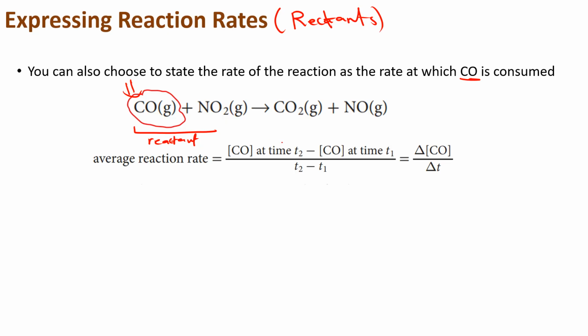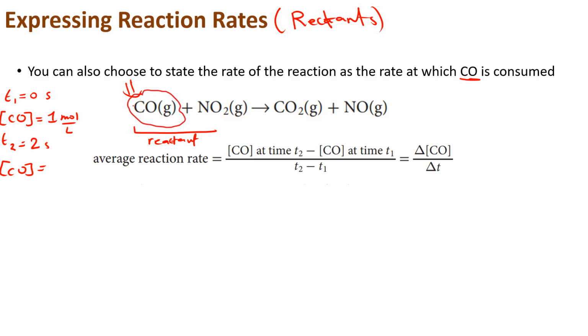Okay? So guys, what happens to CO? CO is a reactant, so what must happen to it over time? Imagine at time 1, which is 0 seconds, the concentration of CO is equal, for example, to 1 mole over liter. At time 2, which is 2 seconds, the concentration of CO, should the new concentration be greater than 1 or less than 1? CO is a reactant, meaning I'm using it, so it's decreasing.